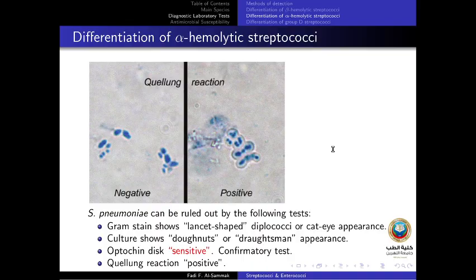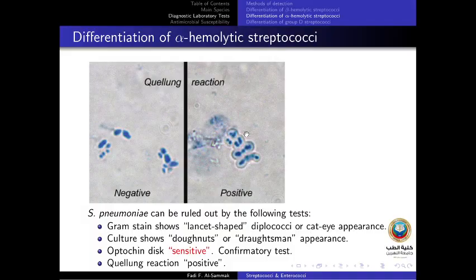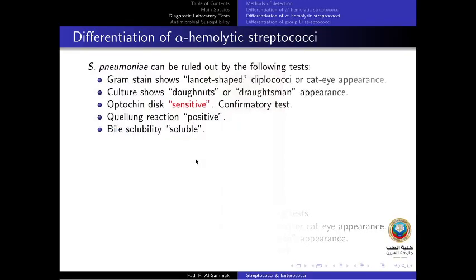After incubation at room temperature for 1 hour, we examine the slide under the microscope, and a positive reaction shows clumping, cross-linking of antibodies and pneumococci. This will lead to the appearance of the halo effect around the pneumococci, as you can see here in this image. Okay, this is the halo appearance around the pneumococci, and usually it is indicating Streptococcus pneumoniae.